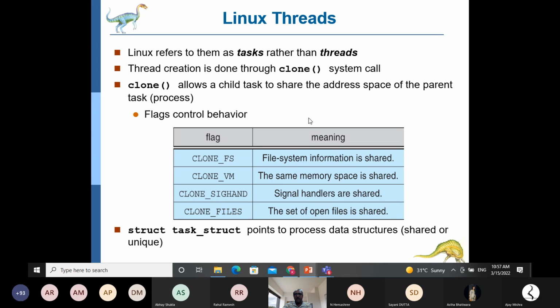Therefore, there is no specific data structure for maintaining this, because it does not discriminate whether it's a process or a thread. The only difference is how much sharing happens when you use the clone system call, right?